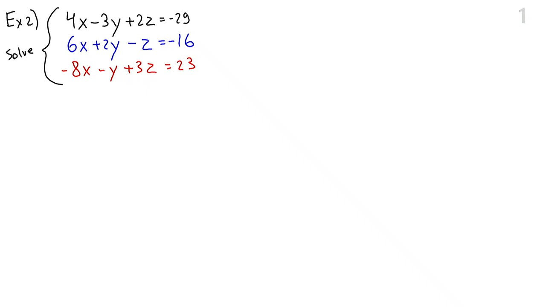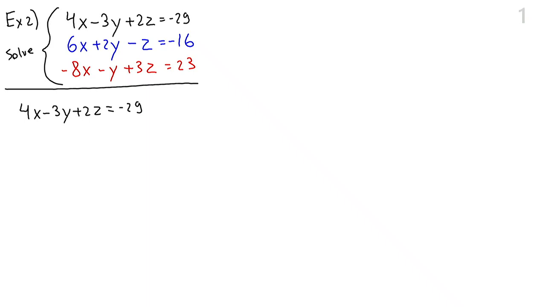So what I'm going to do is I'm going to take the first equation, 4x minus 3y plus 2z equals negative 29, and I'm going to add to it twice the second equation because I want to have 2z minus 2z.